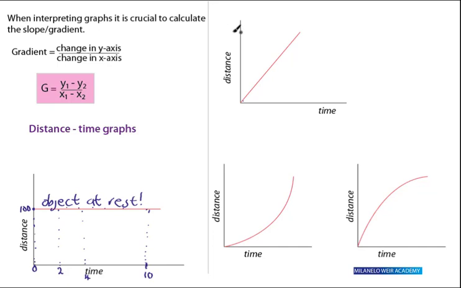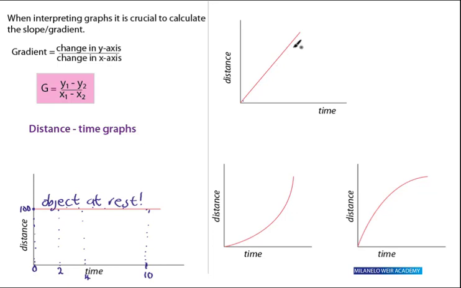Well, for the first graph, we see that the gradient is not changing. The gradient is uniform. It's not changing. The slope is the same as time goes by. The distance covered is increasing.